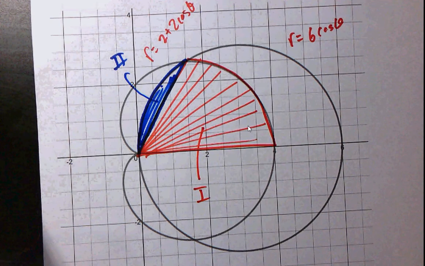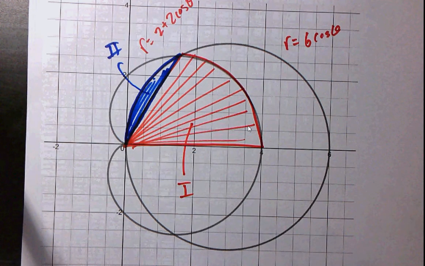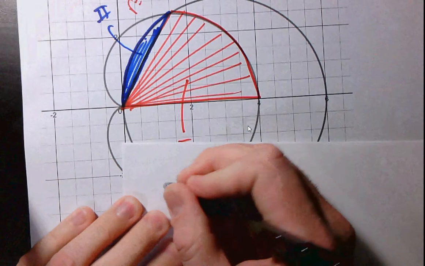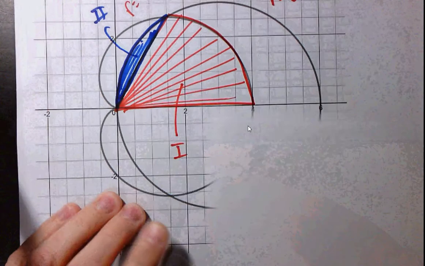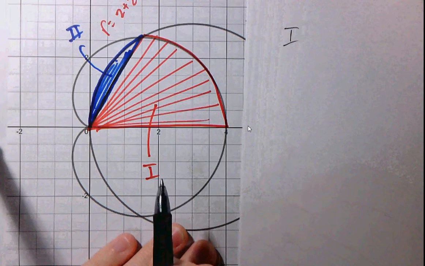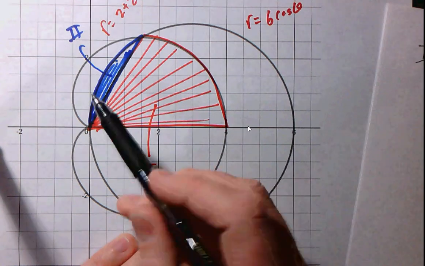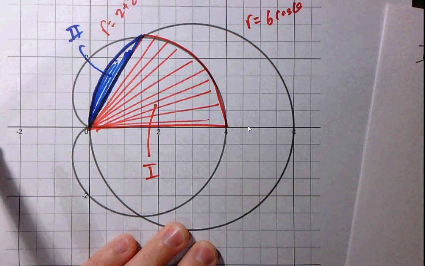So the tricky part, as I said, is just understanding the different way that we think of area in polar, area under a curve. So for region 1, we want the area that's between this curve and the pole.